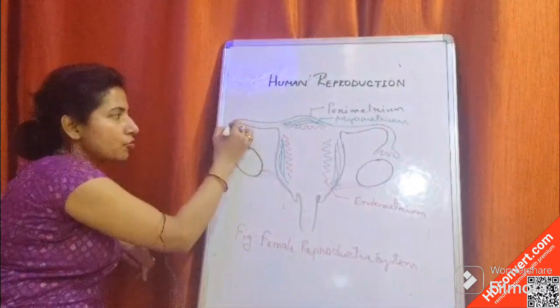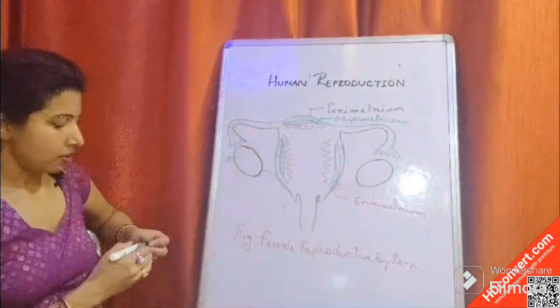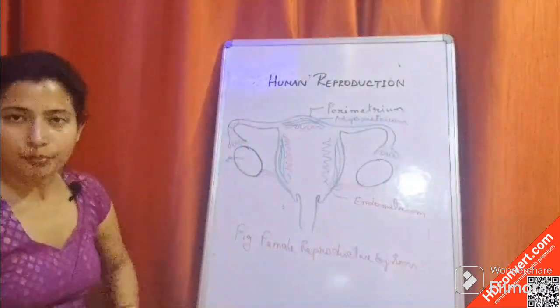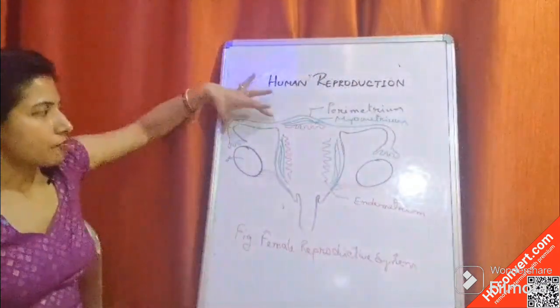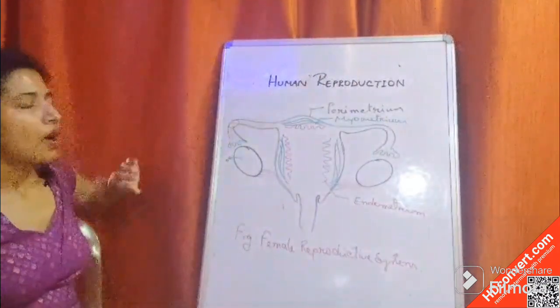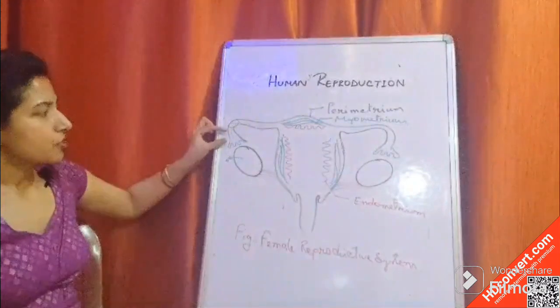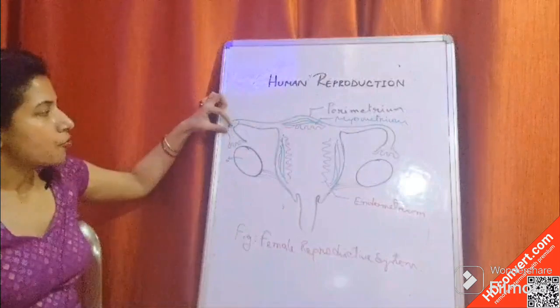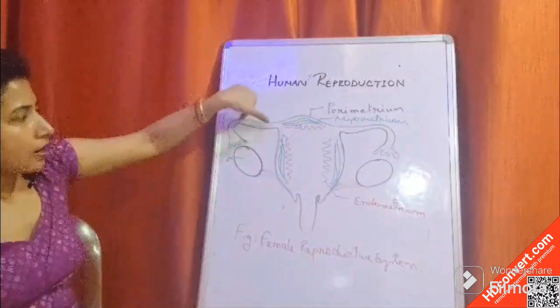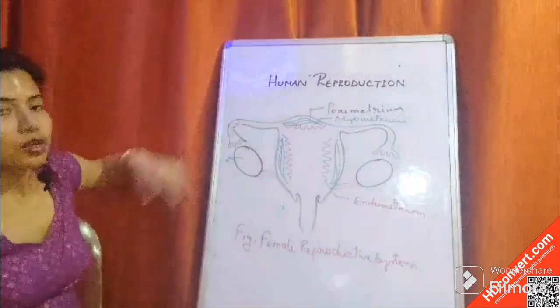This much portion is known as ampulla. In a further class you will know it. This fallopian tube is divided into three portions. The first funnel-like part is called infundibulum. This portion is called ampulla, and the last long portion is called isthmus.